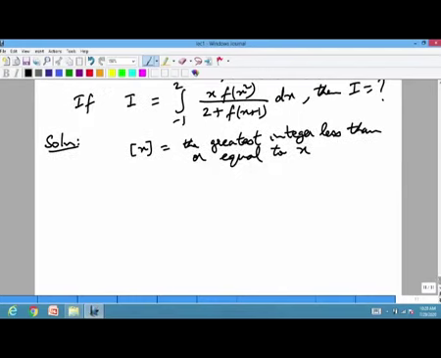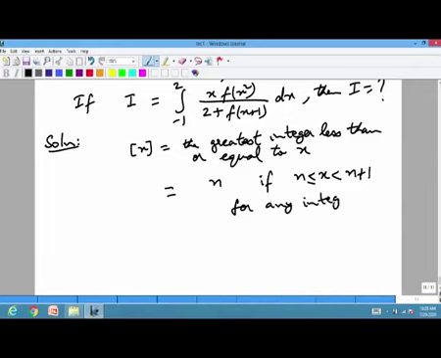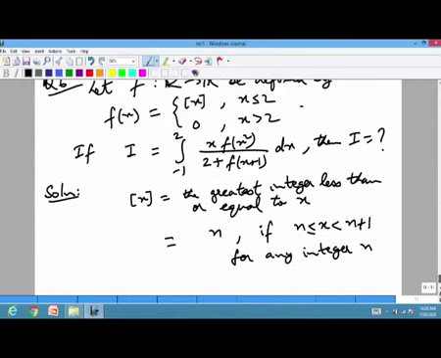So, this is equal to n if x is greater than or equal to n and strictly less than n plus 1, for any integer n. We have, f of x is defined to be greatest integer of x if x is less than or equal to 2 and 0 for x bigger than 2.